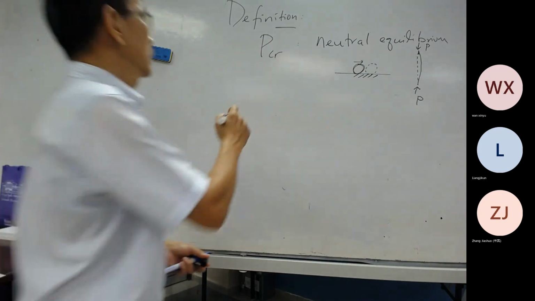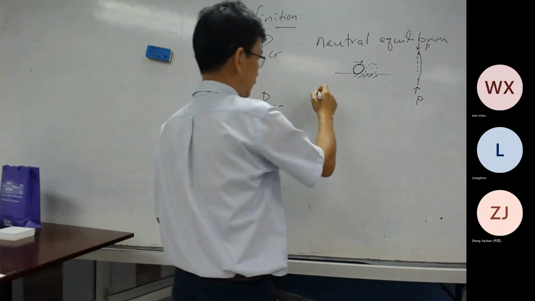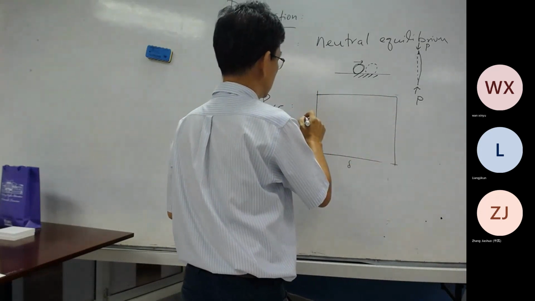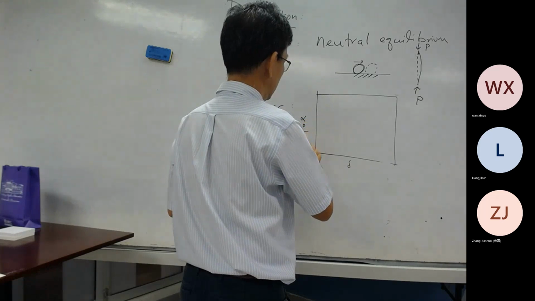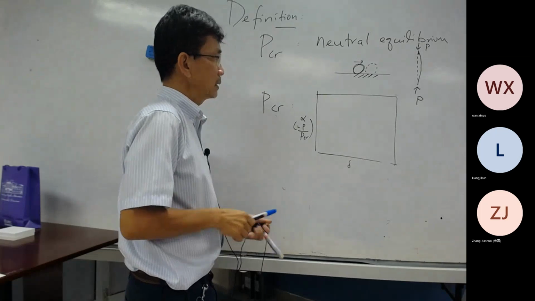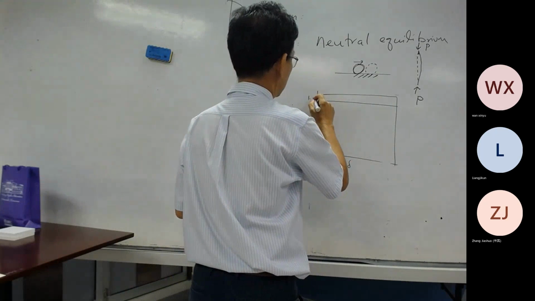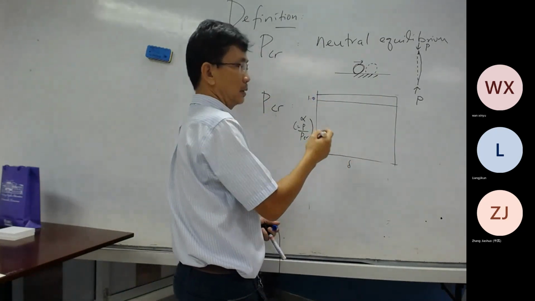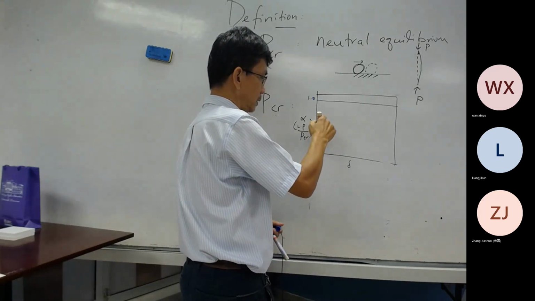Now, another criterion that we can use is the behavior of an imperfect column. For a slightly imperfect system, in the beginning when you apply loading, the deflection is very small.